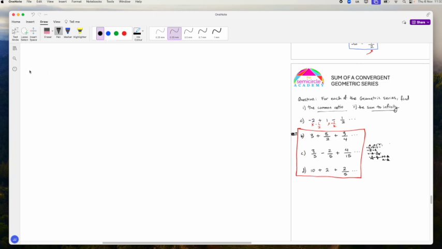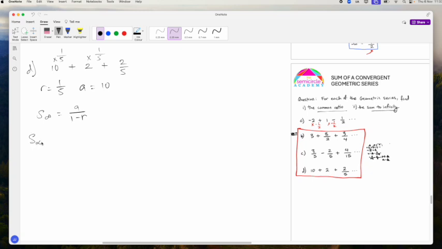And we have part D here, where we go with 10 plus 2 plus 2 over 5. And of course, it looks like this is a 1 over 5 situation. Right? So r will be 1 over 5, and a is indeed 10. And so the sum to infinity is a over 1 minus r.